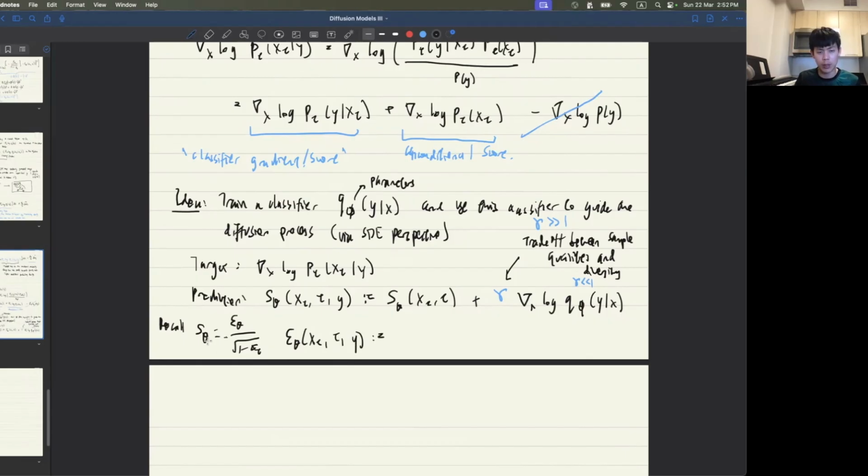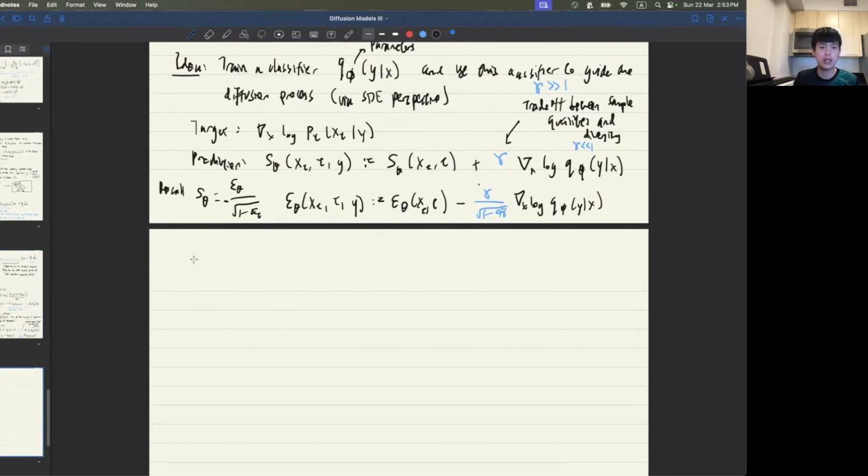Because of this relation between s and epsilon, we will use the previous unconditional cumulative noise prediction, and we will subtract gamma times 1 over the square root of 1 minus alpha_t bar times the classifier gradient. This is just to make sure we account for the scaling between s_theta and epsilon_theta. So this is just to show how we would update both objectives, one obtained from the Markov chain perspective and one from the stochastic differential equation.